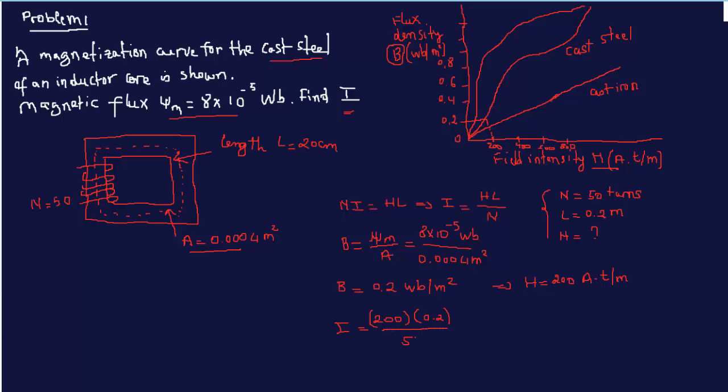So I is equal to 200 times 0.2 over 50. 200 over 50 is 4. 4 times 0.2 is 0.8. So the current is 0.8 amp. That's our final answer. Of course, with multiple choice, we get the right answer from the choices.